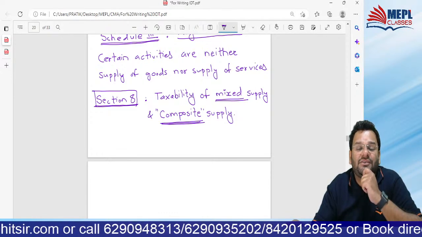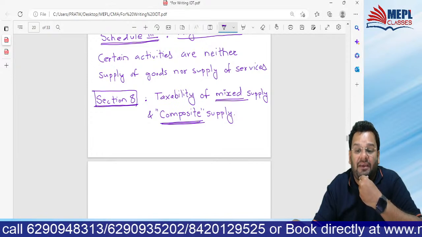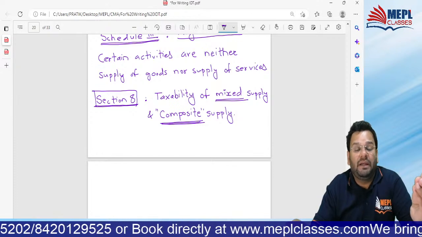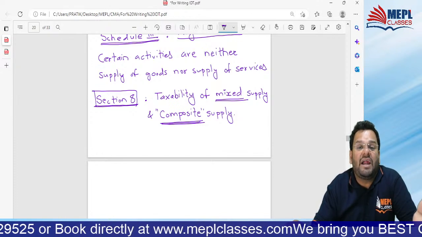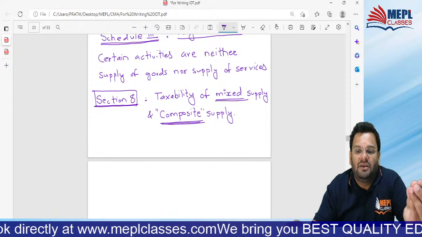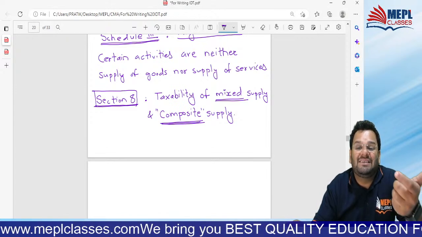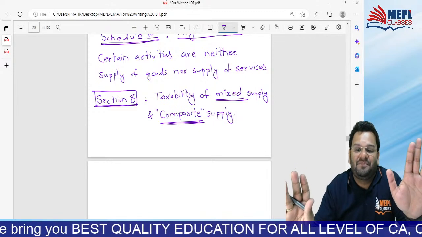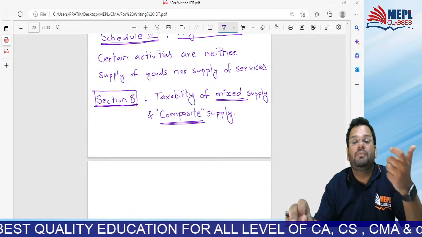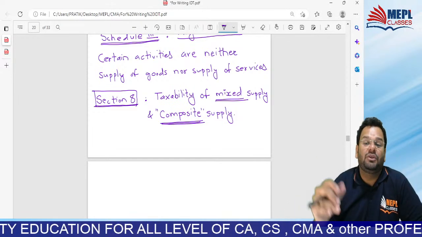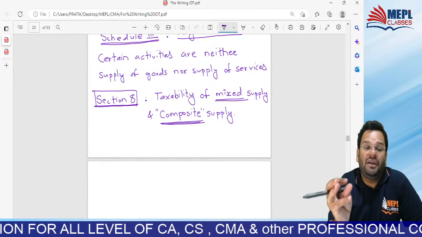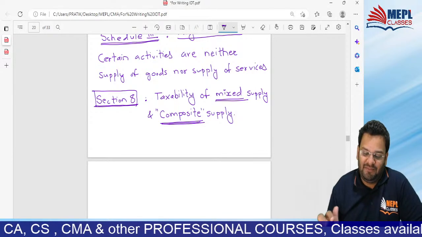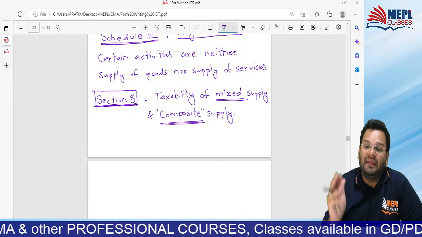Now in this case, you don't know what is the main supply, but you paid say 2,500 rupees for this package. So this is called mixed supply, in which none of the supply is the main supply. You have paid 2,500 consolidated for that package. So how will it be taxed? That is discussed in section 8.